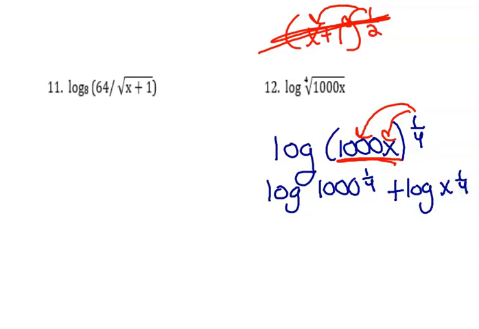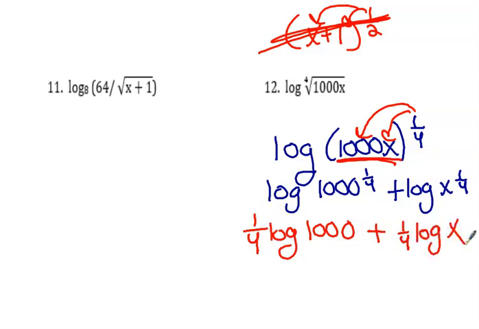And what do I do? I bring it to the front. But there are some things that I can actually work out for this one. So I have 1/4 in front, and then let's see if I can make this a bit smaller. All right, folks. So I have log of 1,000. Now, if I don't have any base right here, we need to know that that's actually a 10.